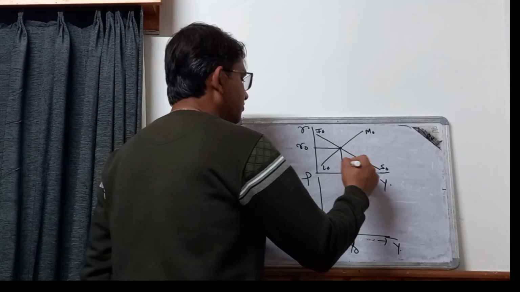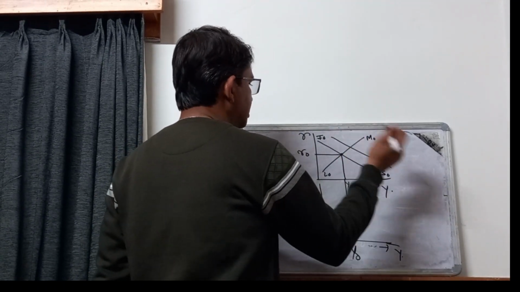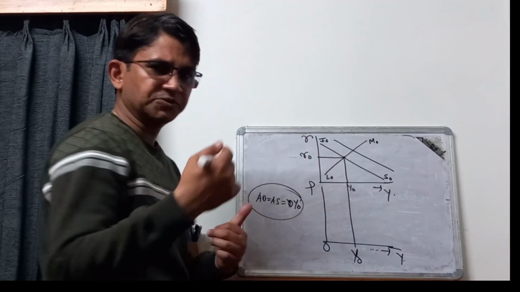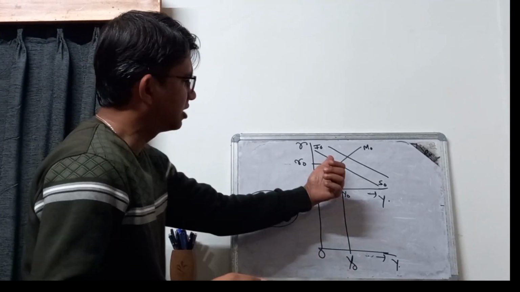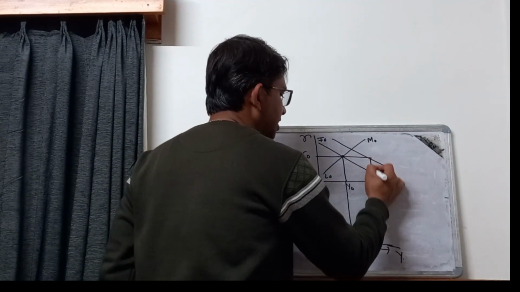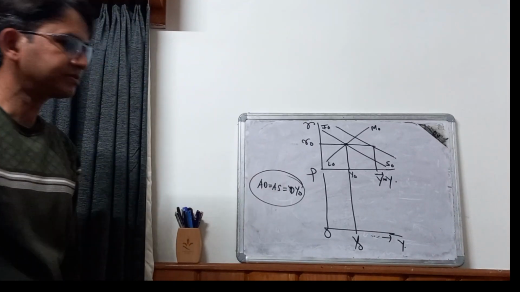First there is an increase in public expenditure. I'm considering an expansionary fiscal policy, though we could consider any one thing. Due to the expansionary fiscal policy, aggregate demand rises from Y0 to Y star directly.